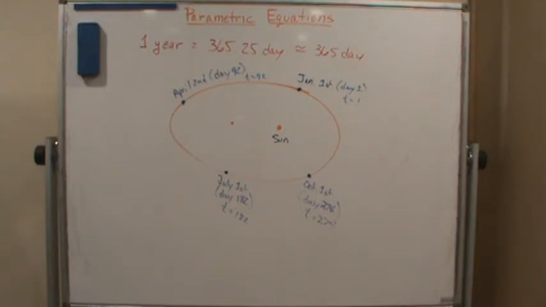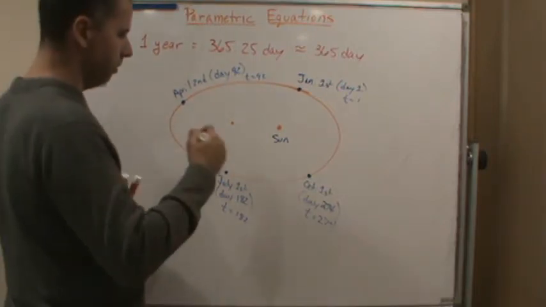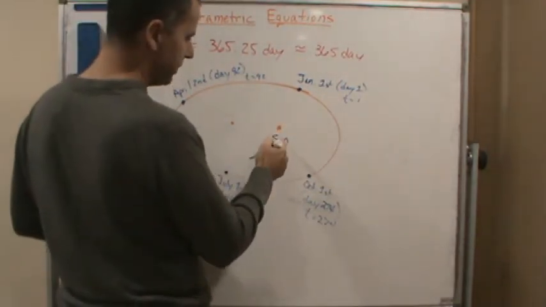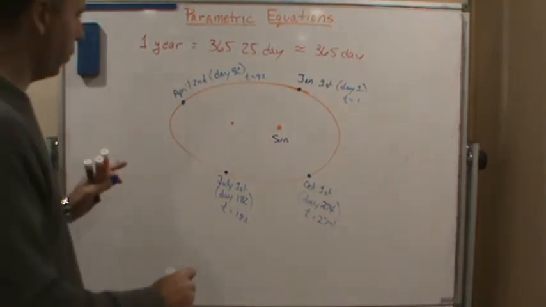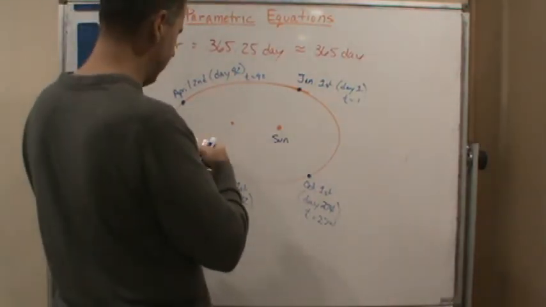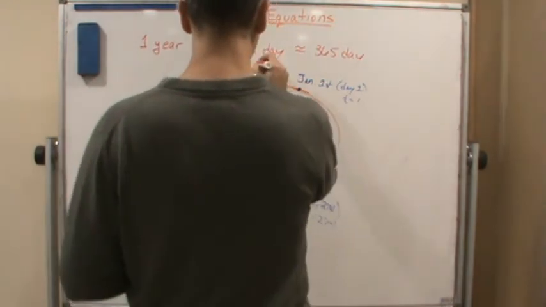Okay? Now, we can represent the position, right? So this is the orbit.